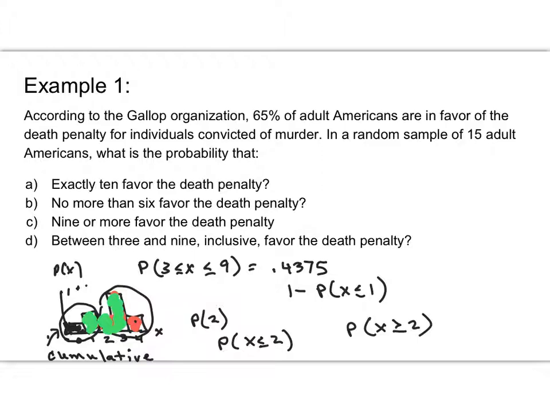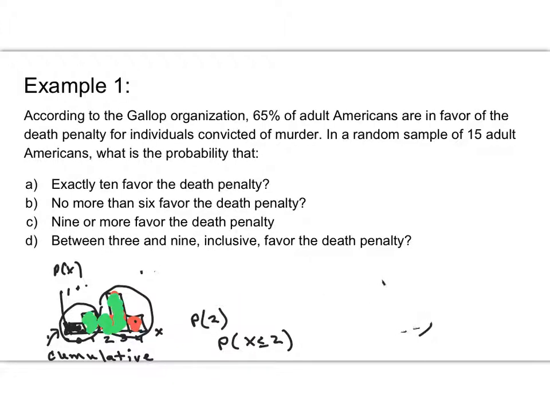Let me erase some stuff here. All of these probabilities add up to 1. So what I can do is find all of my values up to here, right?